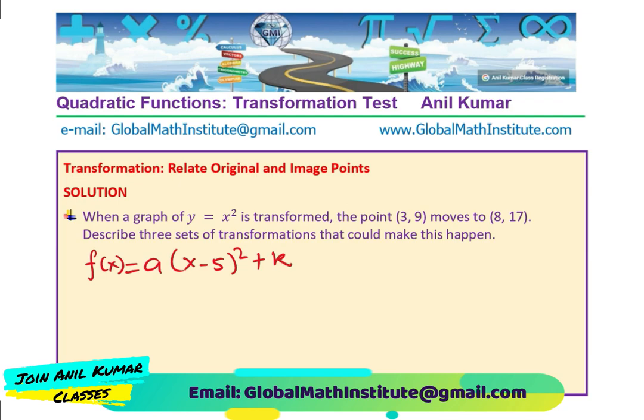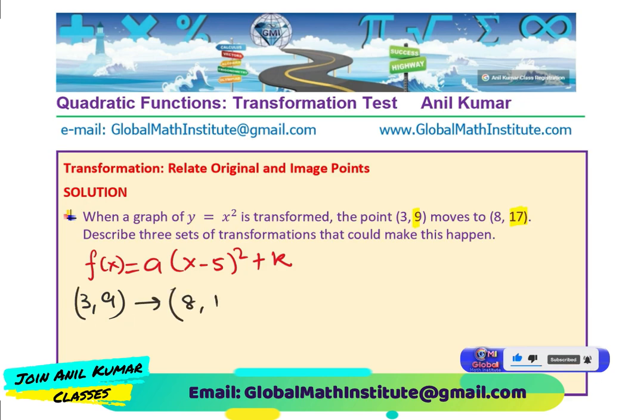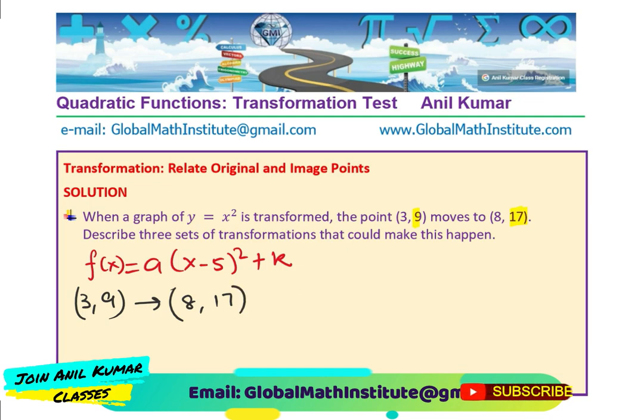Now we are matching 9 and 17, the y values. So we already have 3 and 9 matched to 8 and 17. We know this 5 helps us to get 8 directly. Now we're looking into 17.